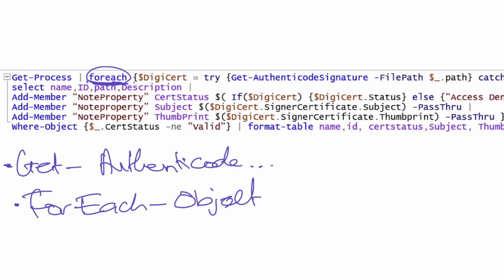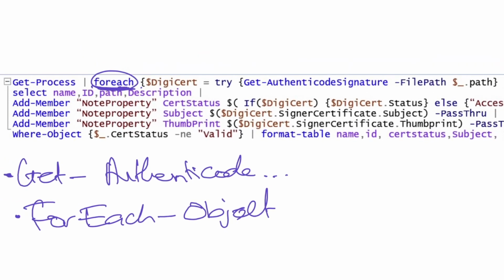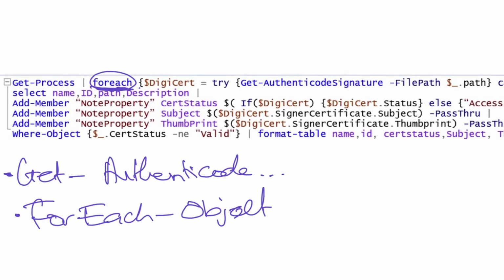Another thing that we want to add is, if you noticed with this particular script, I'm adding a few properties to the object that we get back from Get-Process. So we're getting Get-Process and we're doing something with each process, which is namely getting the certificate code signature.